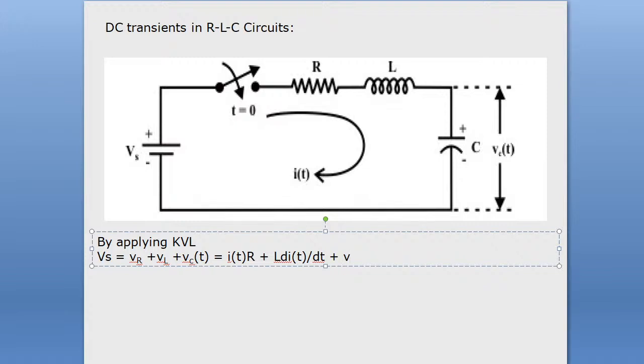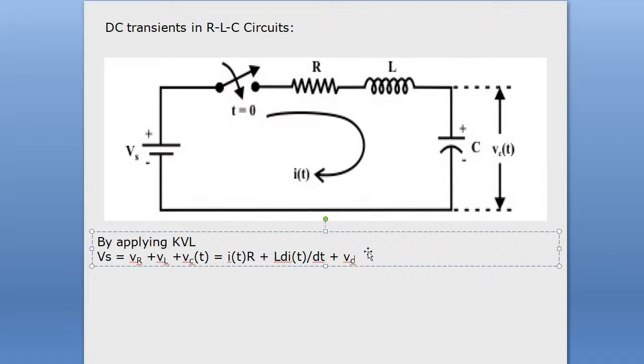Here we have considered VC, and all are functions of time. If you write it, it's good; otherwise it implies that these are all functions of t, time functions.